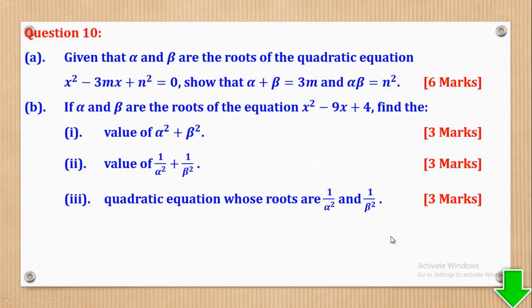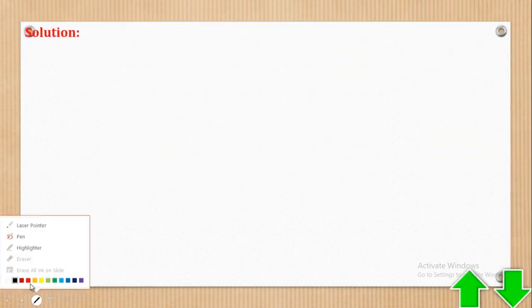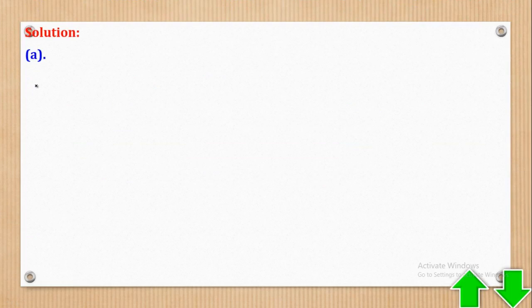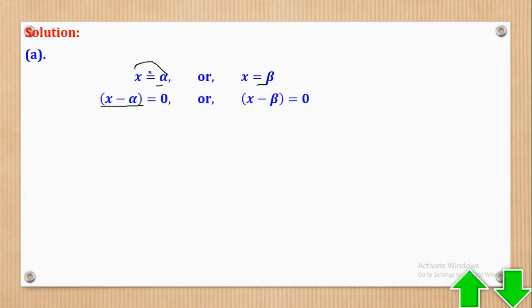So let's start with part A. We know that the roots are alpha and beta, so x is equal to alpha and x is equal to beta. The factors will be x minus alpha and x minus beta. When I take this one this side and also this one this side, I get this factor. Because they are both equal to 0, I can multiply the two and equate them to 0.